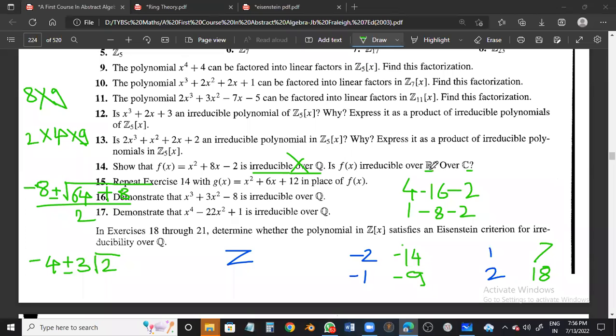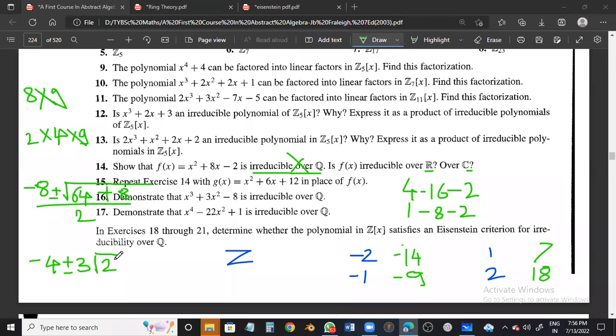Is it irreducible over R? That we are answering. Is this a real number? Yes, because this is irrational and this is rational. Their combination we call a surd, and a surd is a real number.